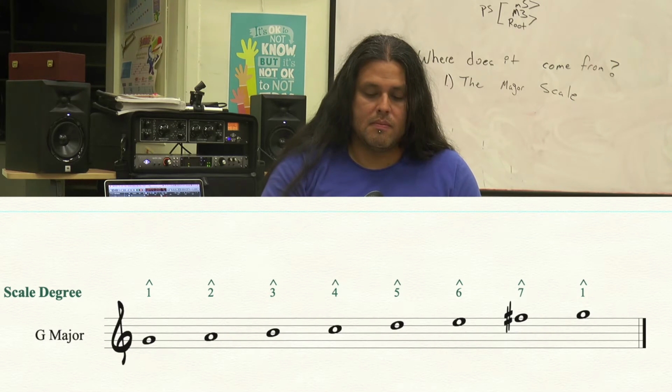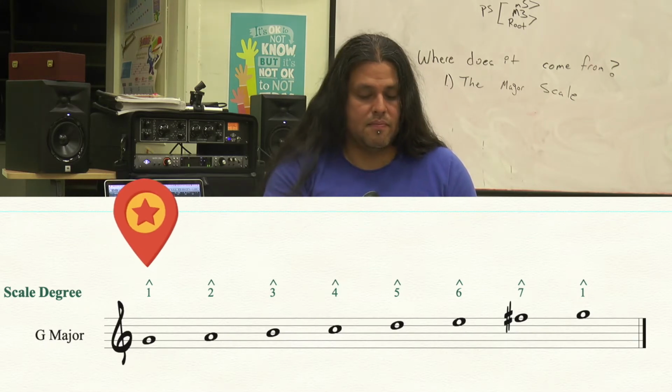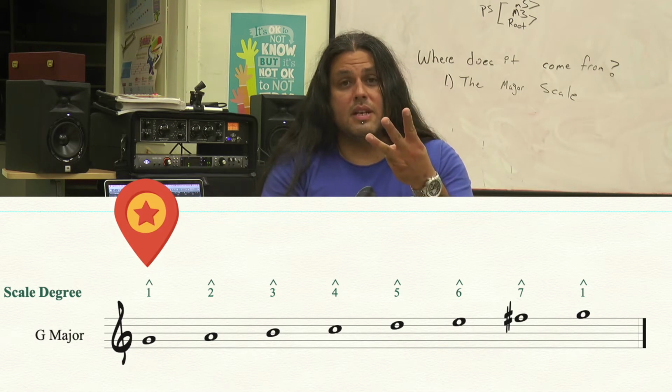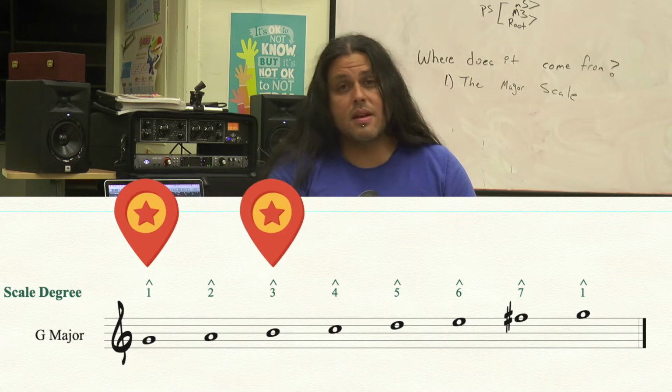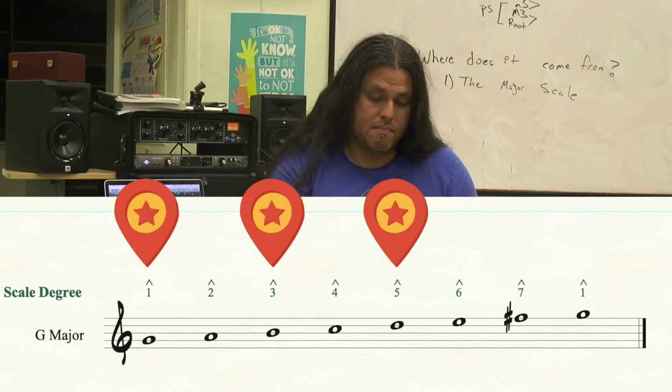Let's try G major. So we have to look at the G major scale. So start with the root G. Third above G is B. And a third above that B is D. G major chord. Let's get a little trickier.